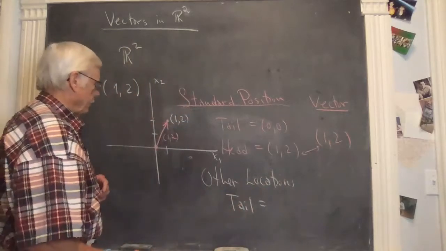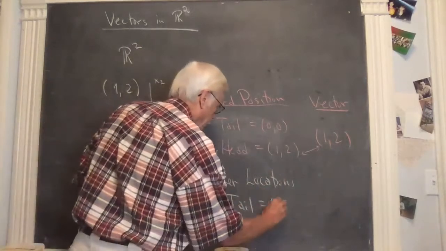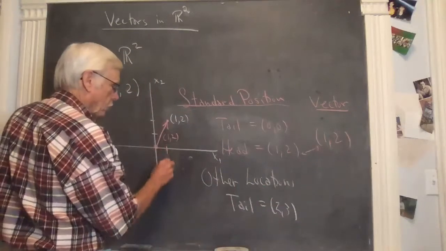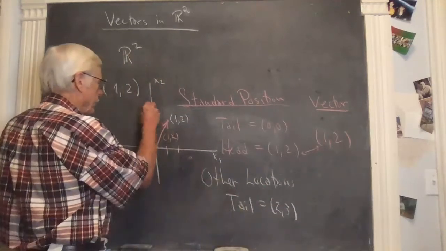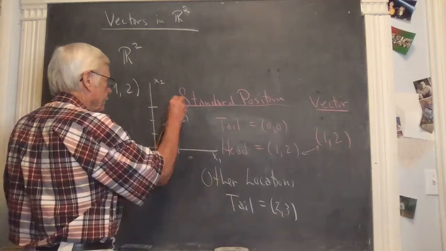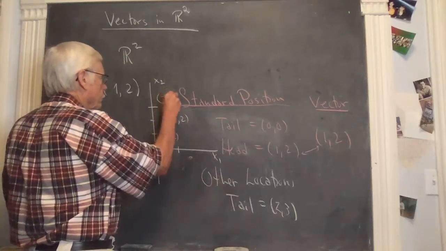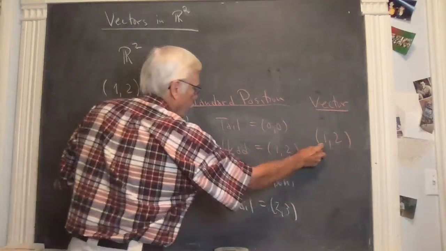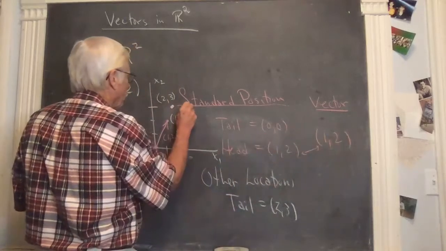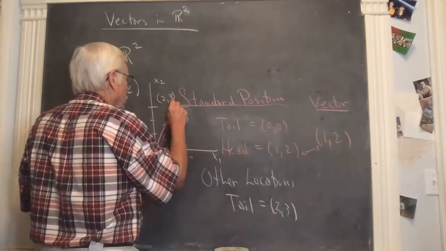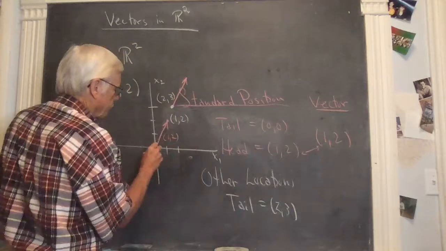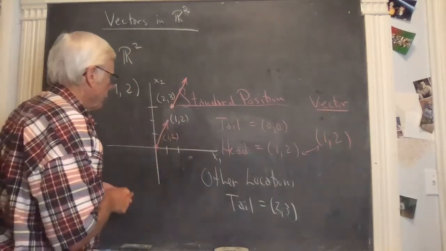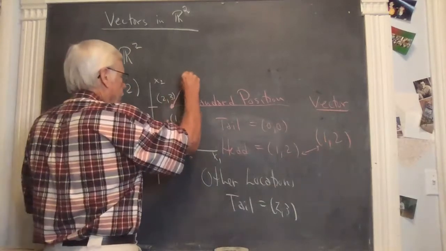For example, if we take 2, 3 for the tail, here is the tail, the point 2, 3. If we go 1 over and 2 up, we get a vector that is parallel to this one, has the same direction, but it no longer ends at 1, 2.